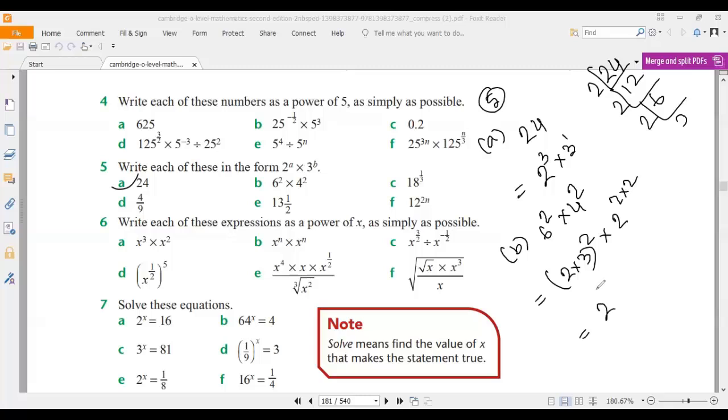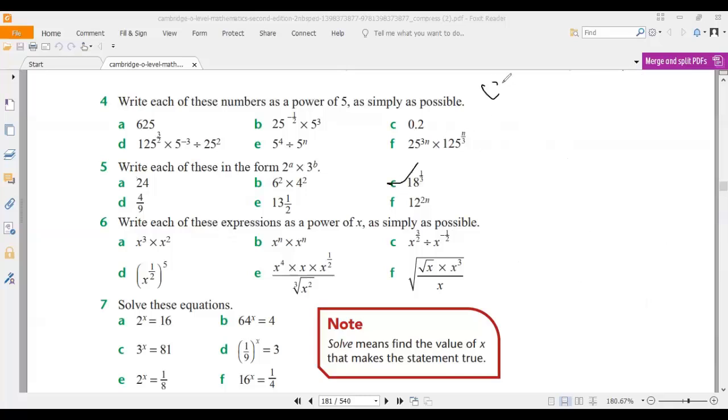Here we can write 2 square multiplied by 3 square multiplied by 2 to the power 2 into 2, that is 2 to the 4. Now we need to add the powers of base 2, that will be 2 to the power 2 plus 4 multiplied by 3 square. Then the final answer will be 2 to the power 6 multiplied by 3 square. And that is the solution of question number B.